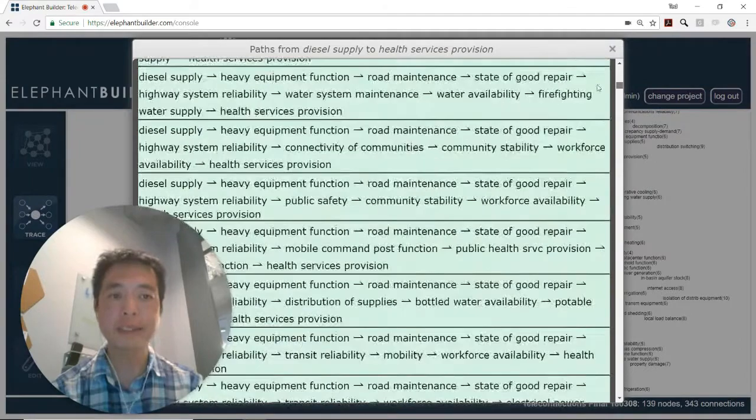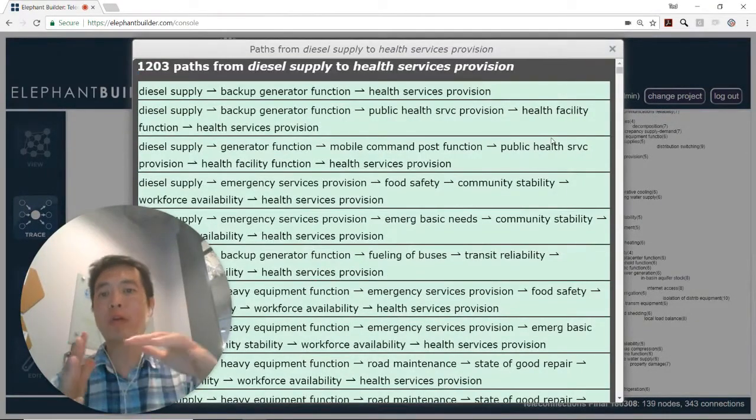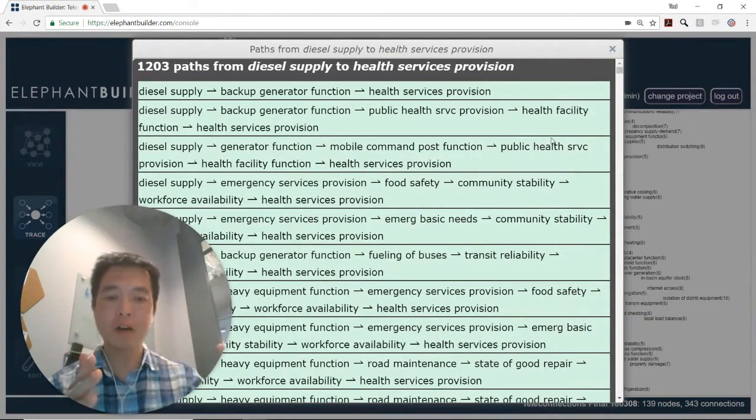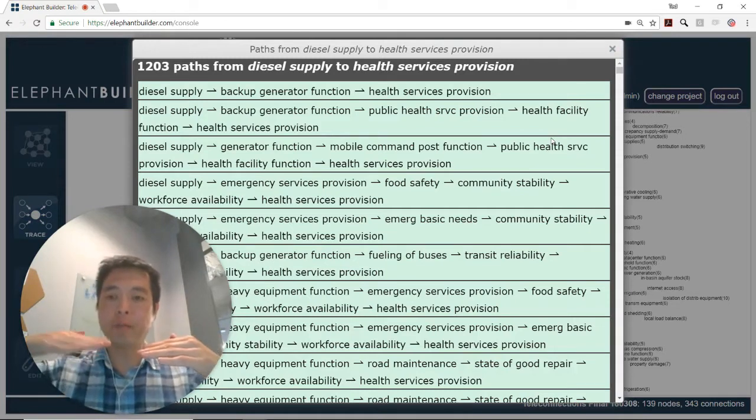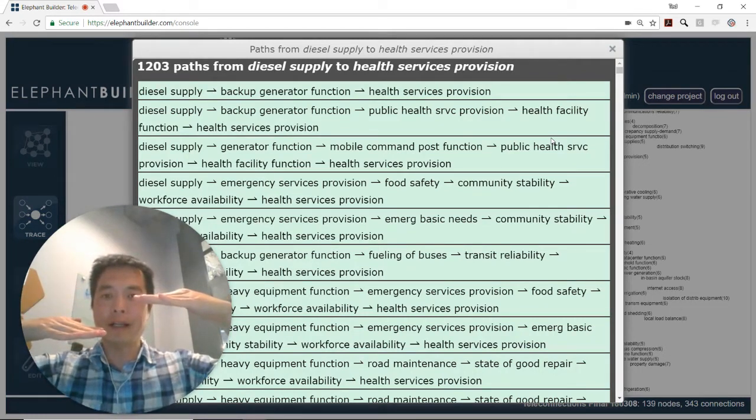These are all presented in green, which means that the overall effect of each of these long paths is the same as a single causal connection that represents a same direction change. So if I have more diesel supply, then I have better health services provision. If I have less diesel supply, then I have worse health services provision.